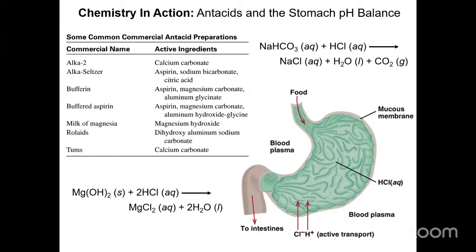Okay, finally, some applications of what we have just learned in this chapter. I'm quite sure you're familiar with antacids, right? That supposedly deals with heartburn. Heartburn has nothing to do with the heart, it has to do with excess acid in the stomach, right?